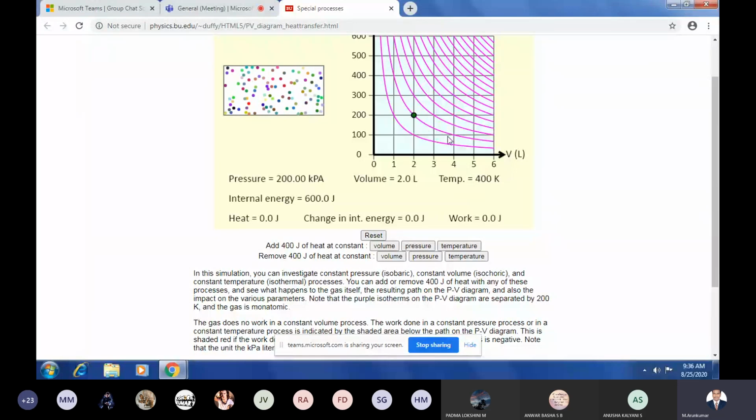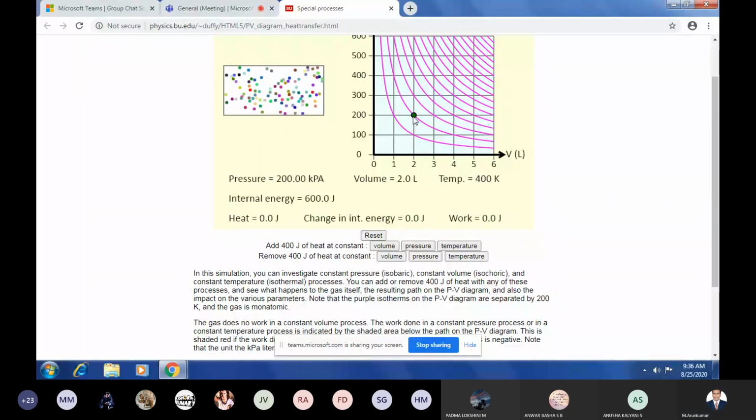The temperature axis is 200 Kelvin, 400 Kelvin, 600, 800, 1000 Kelvin. So volume is a property, temperature is a property, pressure is a property. At this point we have different properties, so this is a point function.